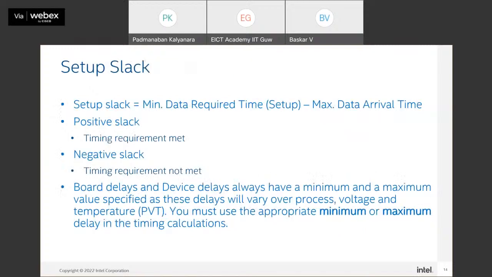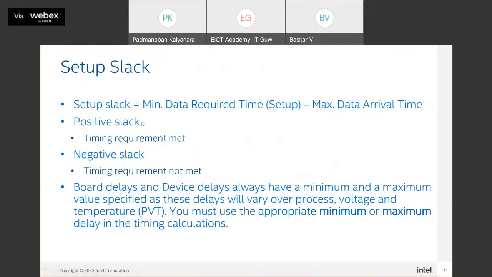Based on these two, we are going to arrive at two important formulas: the setup slack and the hold slack. What is this setup slack? What is this hold slack? That's what we are going to discuss in the coming slides. Let us explore them right now.